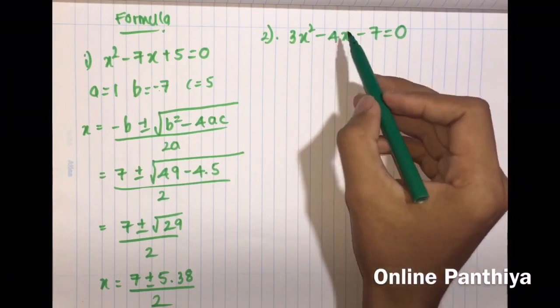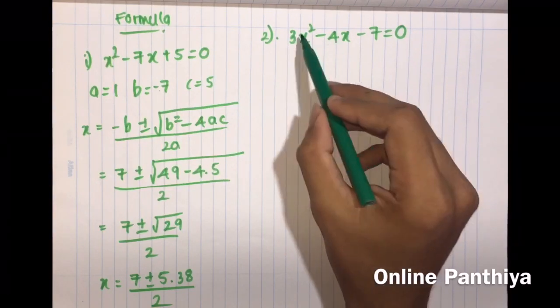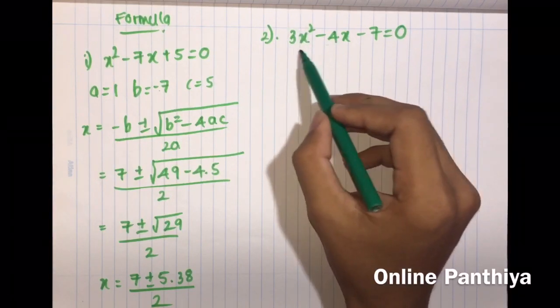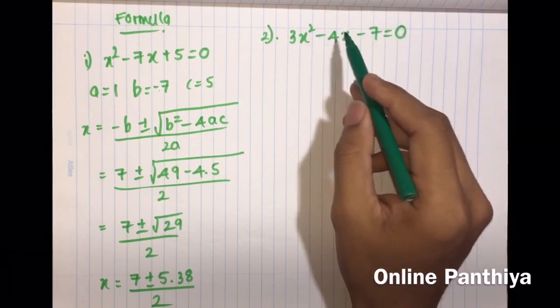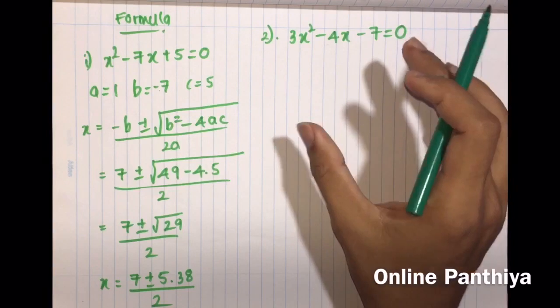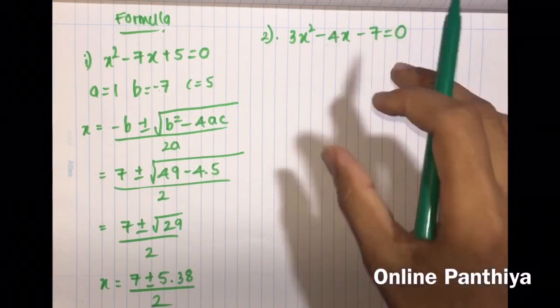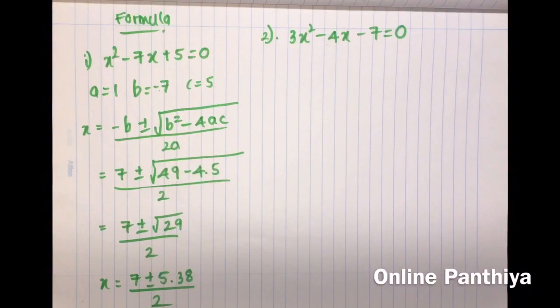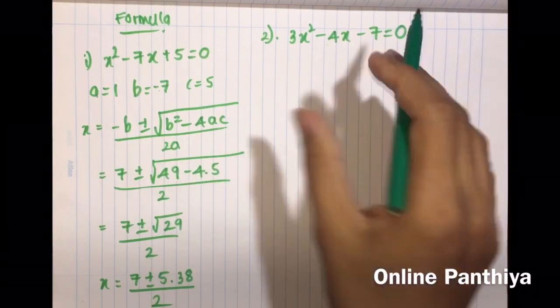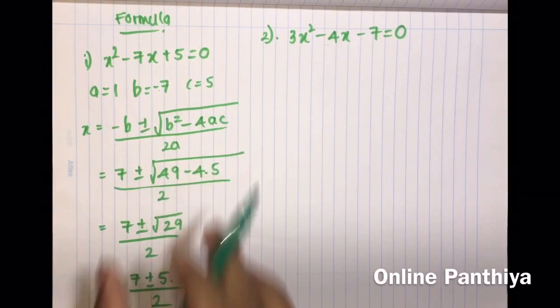To make it equal to 1 you have to divide by 3. 3 is divisible, therefore you will be getting 1. Now when you divide 4 by 3, it is not divisible, right? You have a fraction part, and then when you take half of it and all that, it becomes complex. Therefore whenever you have questions like this, always go to the formula method.